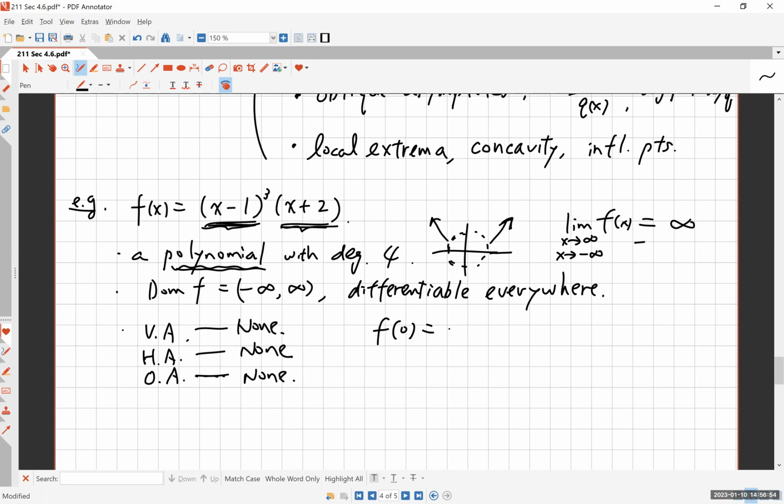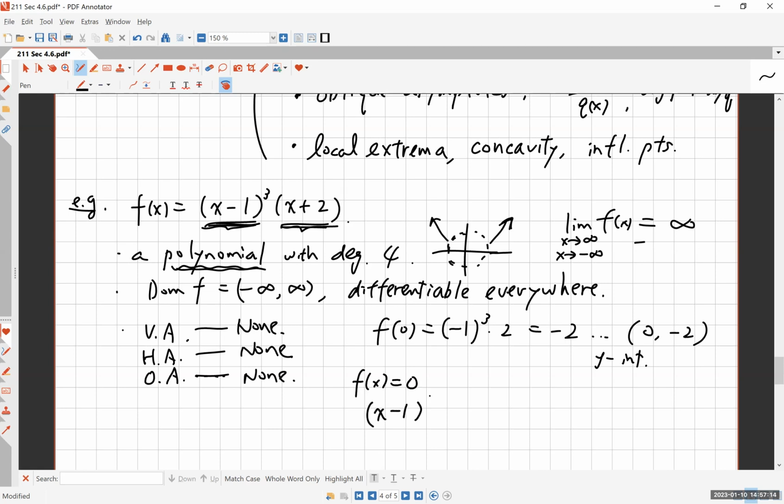Okay, f of 0. Let's plug in 0 here. It's (0 minus 1) to the 3rd power times (0 plus 2). That looks like negative 2 to me. So we have a point on this graph, (0, -2). That's the y-intercept. Now do we know where f of x is equal to 0?